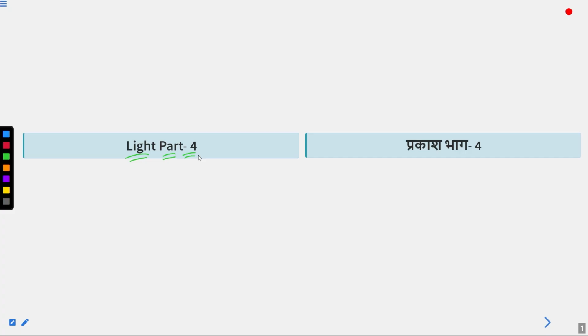In the previous lecture also, I had reminded you of one thing. All these parts are interconnected with each other. This part is interconnected with them, and the upcoming parts will also be interconnected with this part and those previous parts.